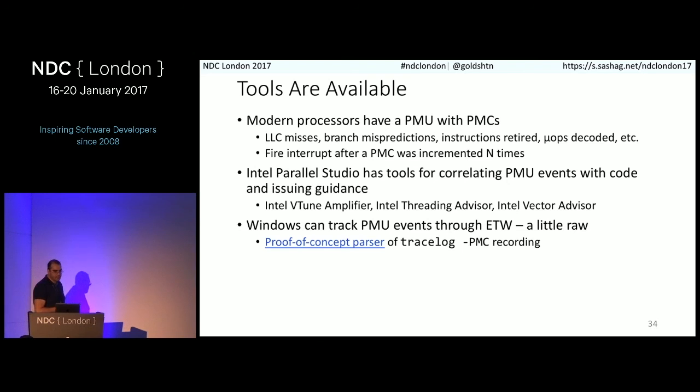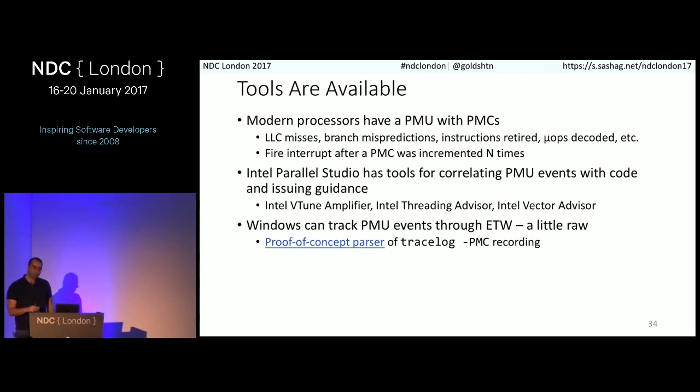In fact, Intel even has tools like the Threading Advisor and the Vector Advisor, which would tell you, here's a loop you could improve by using vectorization, and here's a loop where you applied vectorization, but you didn't get the best performance out of this loop. You should work harder on this loop, and you will get even more. So there are tools available for this, most of them commercial, but there's also some free information you can get out of your system.